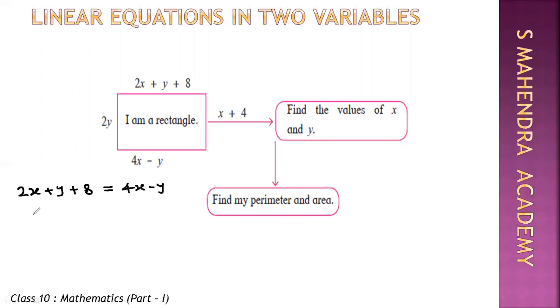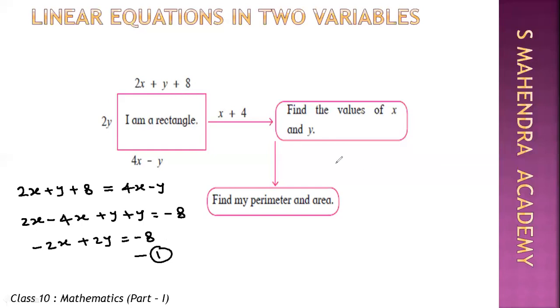After simplification, we will get 2x minus 4x plus y plus y is equal to, this constant will be minus 8. So minus 2x plus 2y is equal to minus 8. This will be equation number 1.